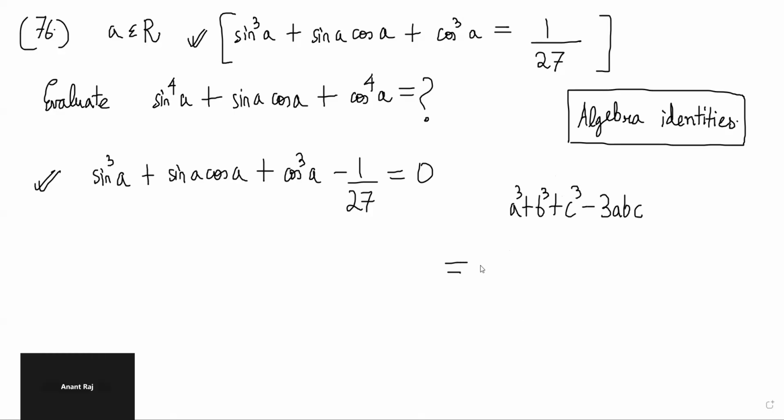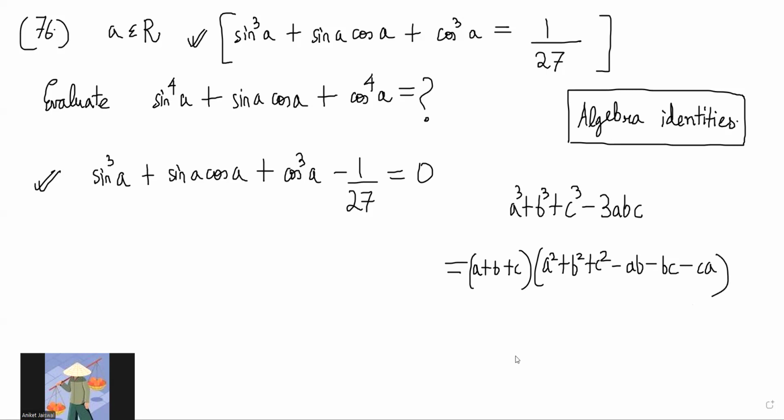What is it? It is (a plus b plus c) into (a square plus b square plus c square minus ab minus bc minus ca). You know this one, right? Yes sir. It will be in books everywhere. Everywhere you would have seen this.